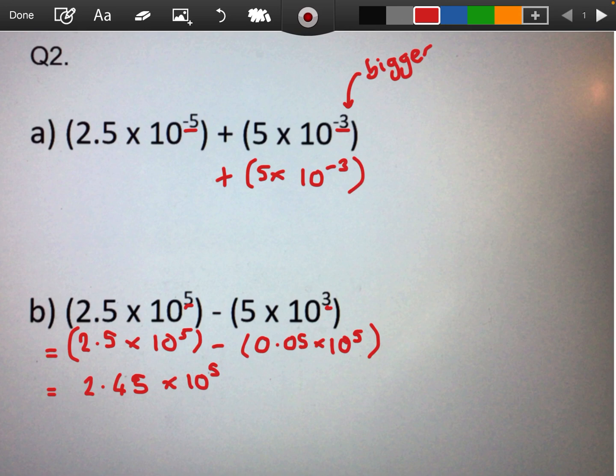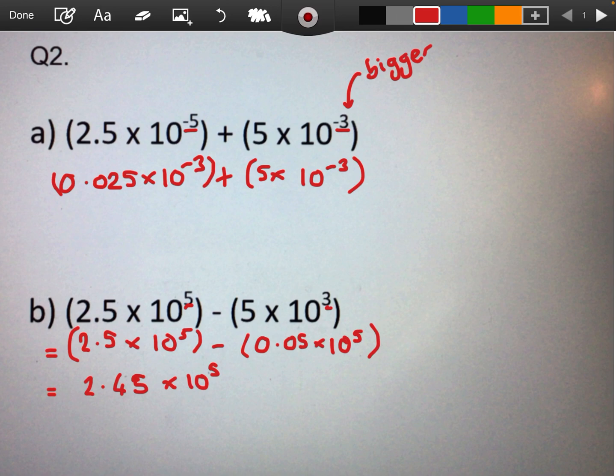So at this present moment, it's telling me to shift it 5 spaces to the right. But I now need to go to this bit here. Okay, so it told me to go 5 spaces to the right, but I already had to do 2 of those spaces in order to get it to 10 to the -3, which made it 0.025.